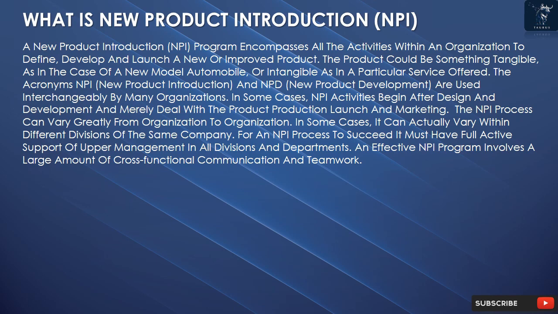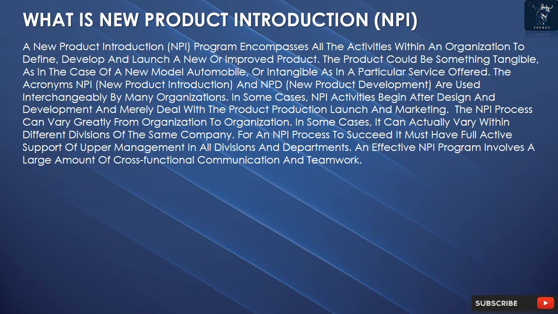The acronyms NPI, New Product Introduction, and NPD, New Product Development, are used interchangeably by many organizations. In some cases, NPI activities begin after design and development and merely deal with the product production, launch, and marketing. The NPI process can vary greatly from organization to organization.